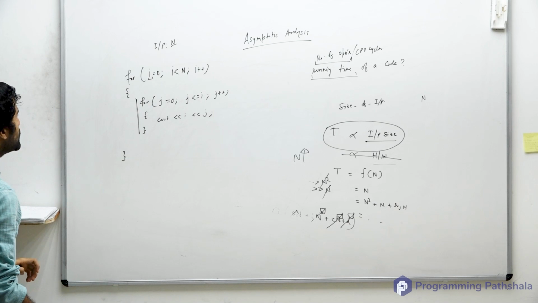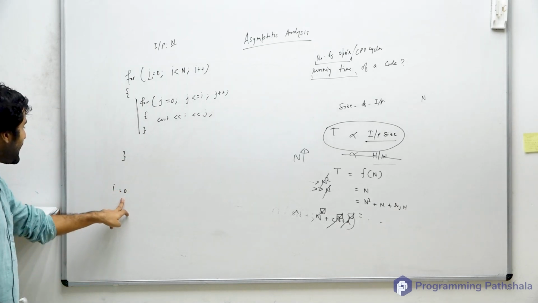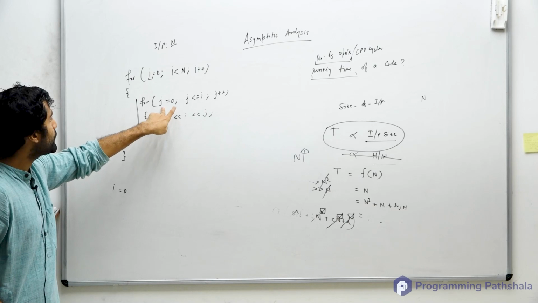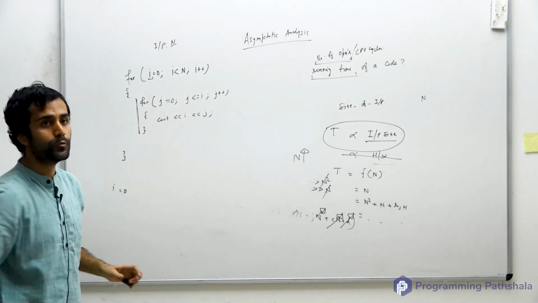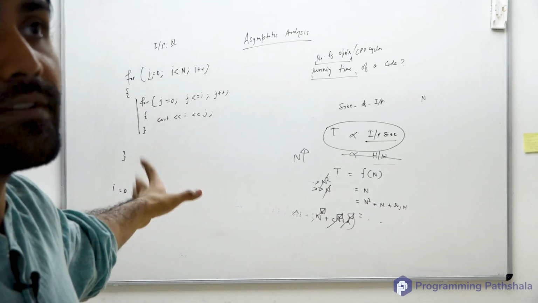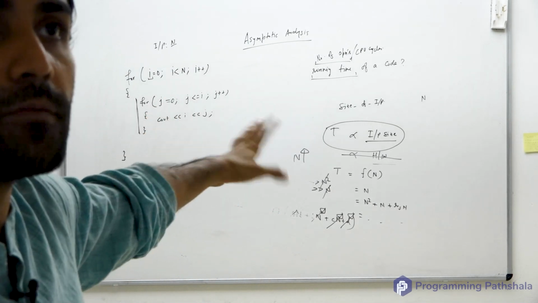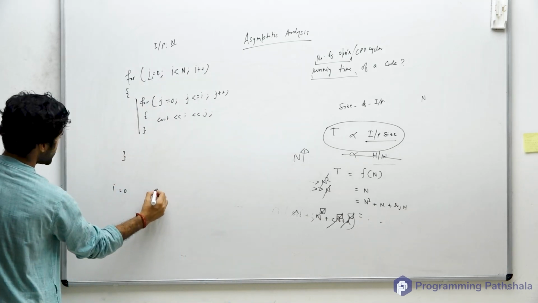So let us start with the initial value of i. If i is 0, j will go from 0 till 0. So how many times has this internal loop run? For i equals 0, the internal loop has run just one time, because j started from 0 and finished at 0.